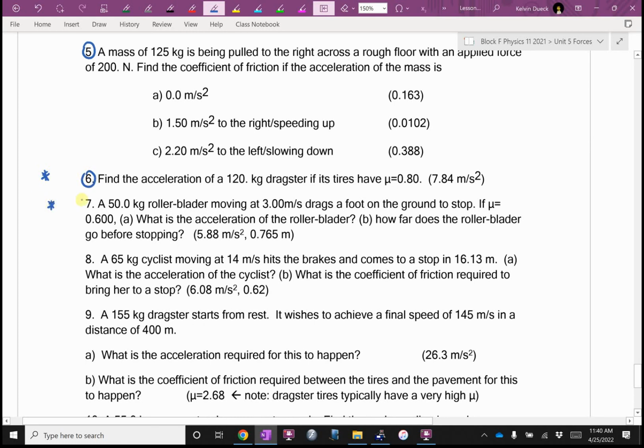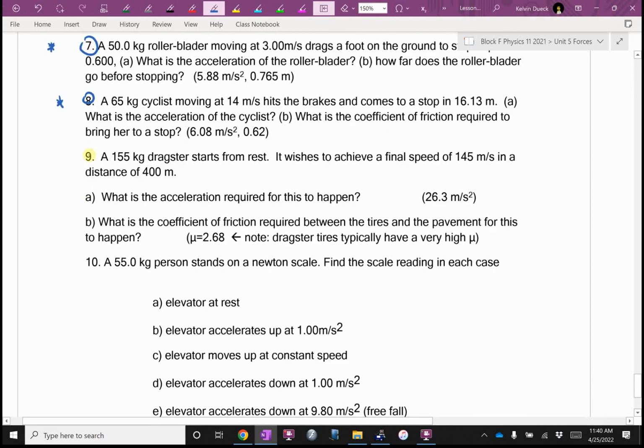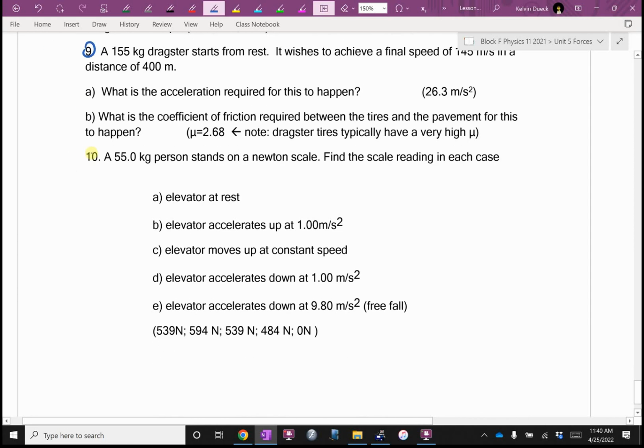Putting a star next to number 7, but yeah, I'm assigning it. Those are tricky. They're so easy that it's tough. Eight is good. Nine is good. Yeah, I assigned all of them.